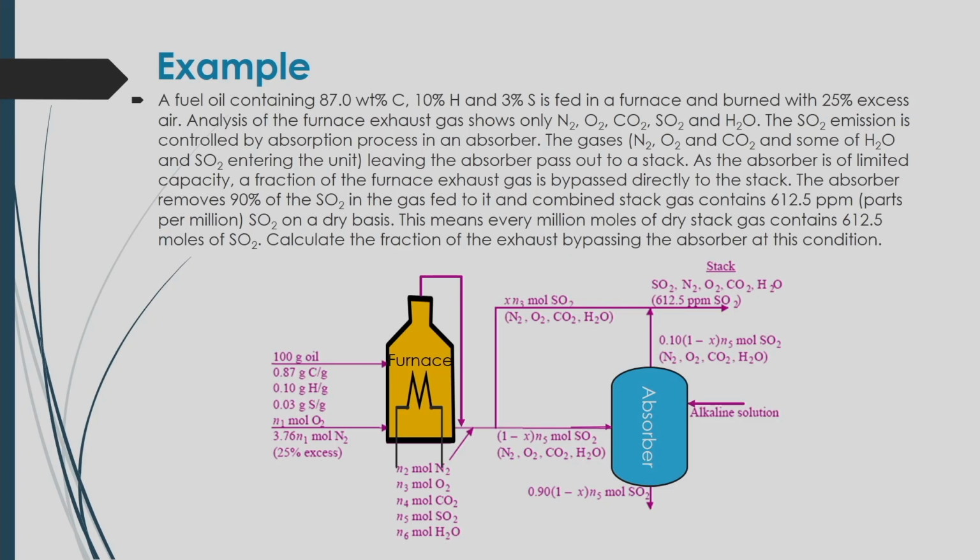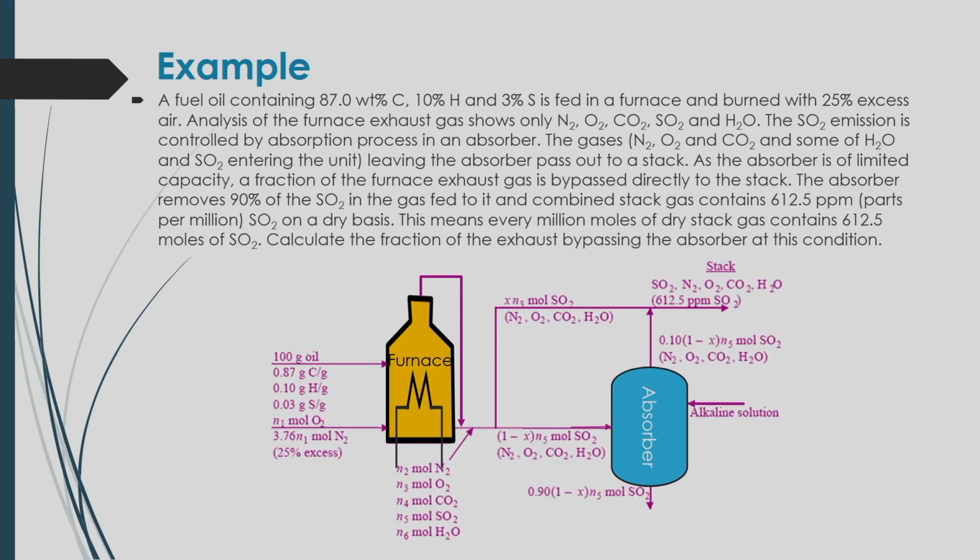entering the unit will leave the absorber and pass out to a stack. As the absorber is of limited capacity, a fraction of the furnace exhaust gas will be bypassed directly to the stack, and the absorber removes 90% of the sulfur dioxide in the gas fed to it.